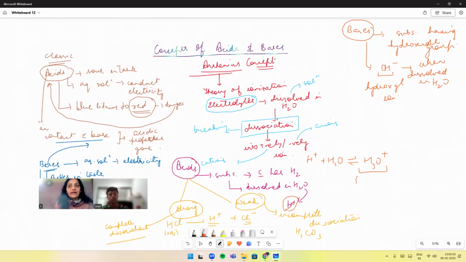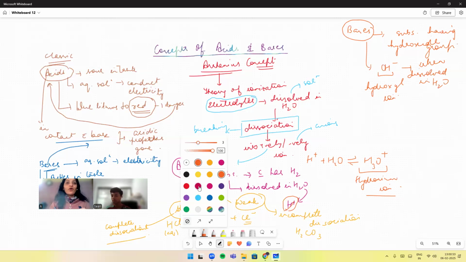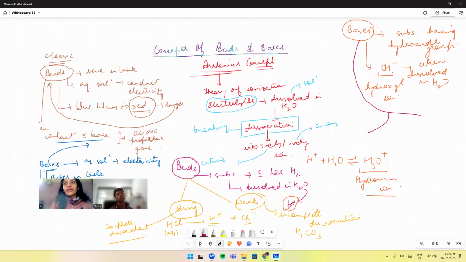The name of this ion is hydronium ion. And the ion made by the bases when they dissociate is hydroxyl ion, OH negative. Is that clear?